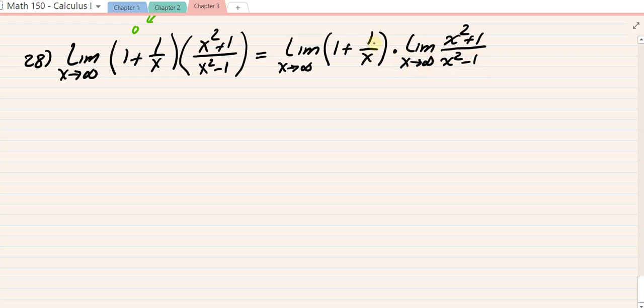I don't need parentheses on that anymore. Now, because of the theorem we just mentioned, that limit is 0. And within this first limit, the limit of a sum is the sum of limits, so that limit is 1. 1 plus 0 is 1.